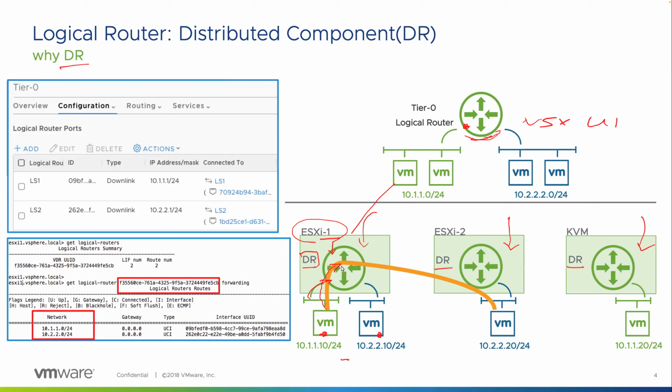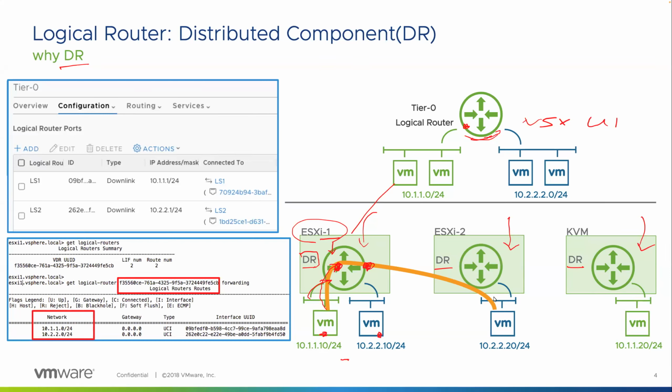We have to go through a routing function. The DR will check its routing table and see the next hop.